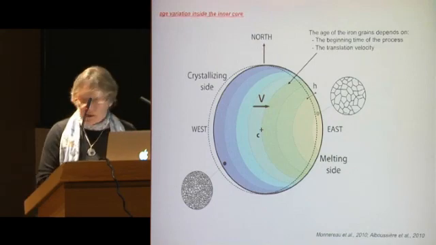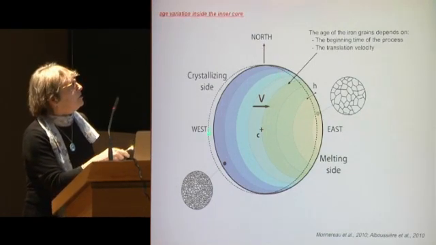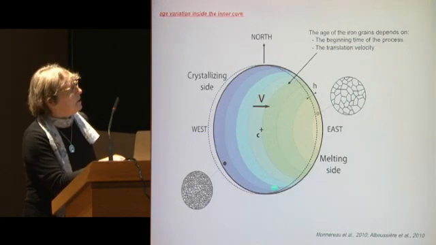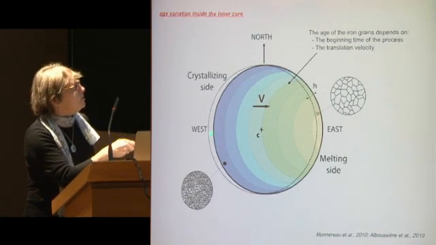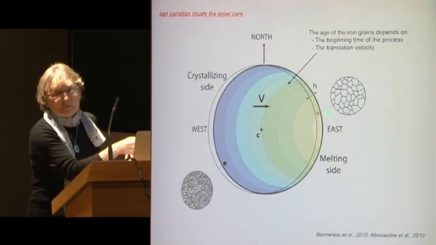The consequence is that we have the age inside the inner core, which will increase from west to east according to these curves here. Here is the young inner core, and here is the oldest inner core.